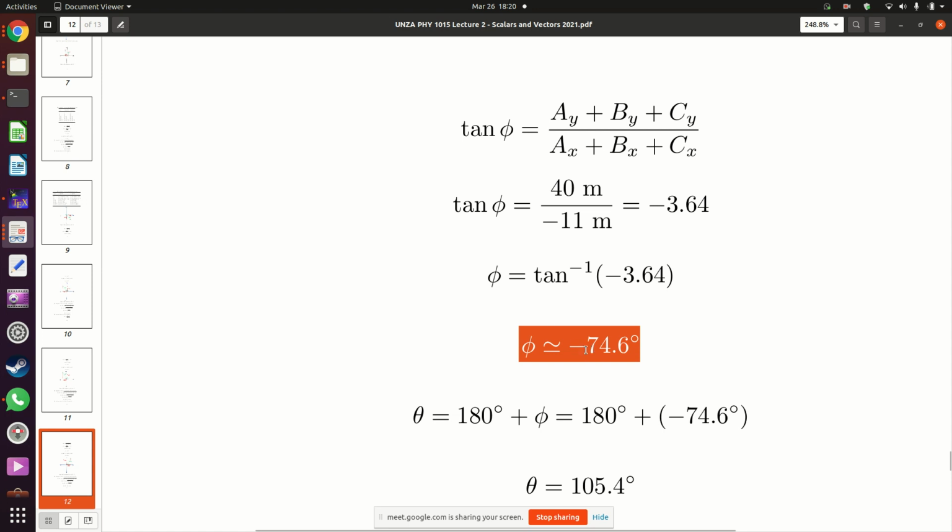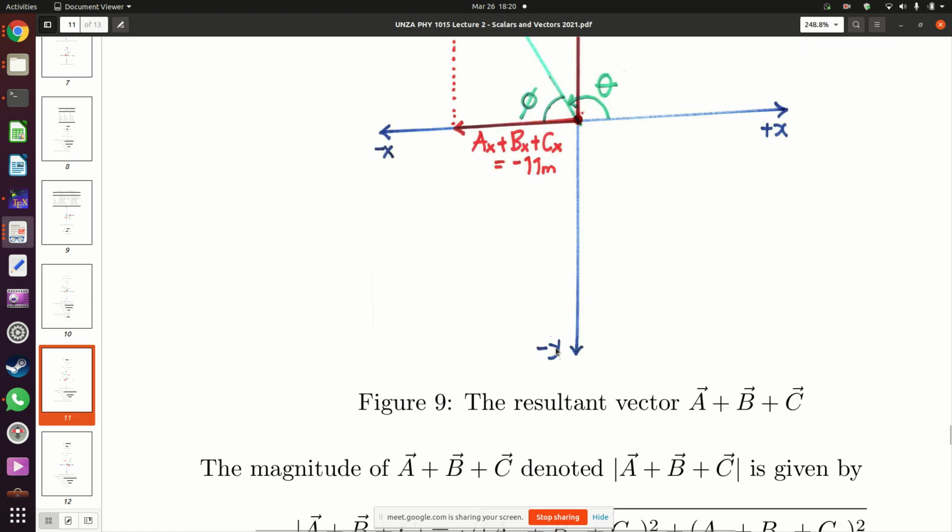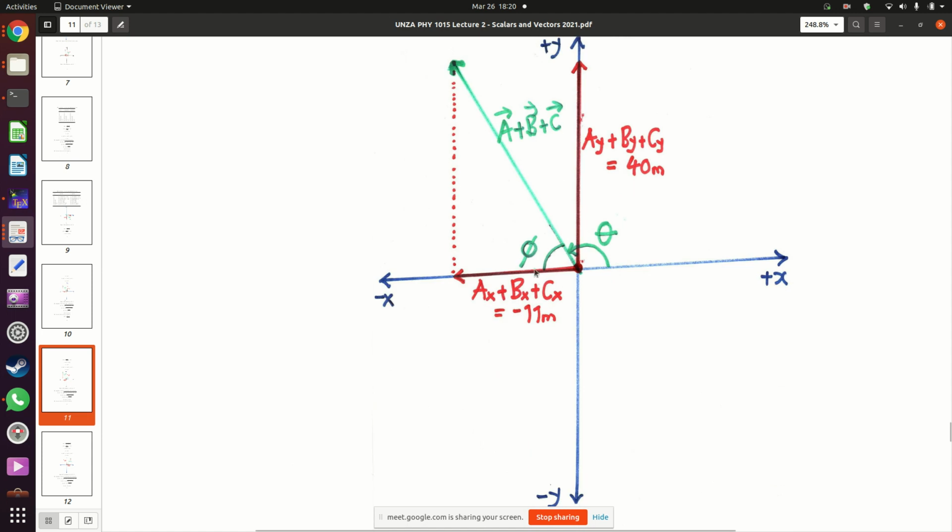It's negative because you are measuring phi from the negative x-axis, and you're going in a clockwise direction. Whenever you are measuring an angle going in the clockwise direction, that angle comes out negative. So you're measuring from this negative x-axis, then going like this, clockwise. That is negative.